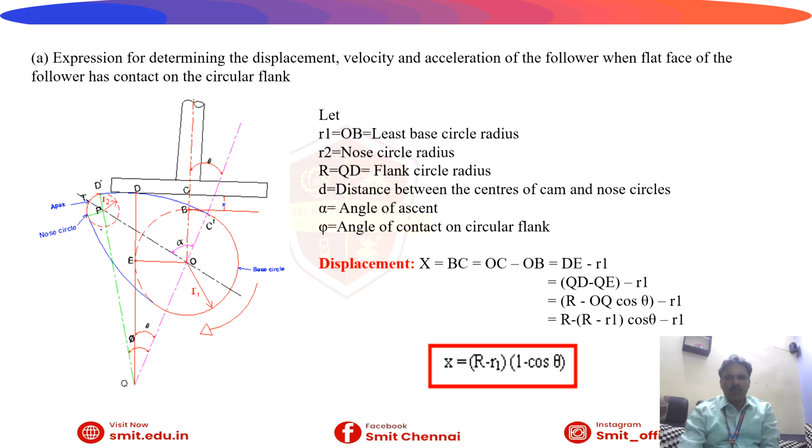We can write OC as DE, because these two lines are parallel, and OB is nothing but R1, the base circle radius. Again DE can be written as QD minus QE. We are subtracting that based on our simplification, and doing these steps.